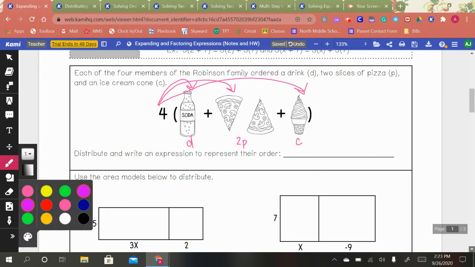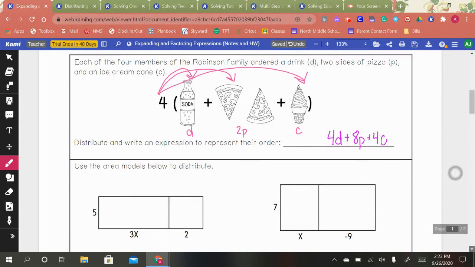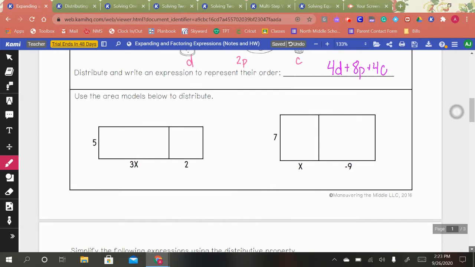When we do that, we are going to say 4 times the drinks is 4D, plus 4 times 2P is going to be 8P, and 4 times C is 4C. So we have 4 drinks, 8 pizzas, and 4 ice cream cones for the Robinson family. 4D and 8P and 4C have unlike terms, so we cannot combine them any further.